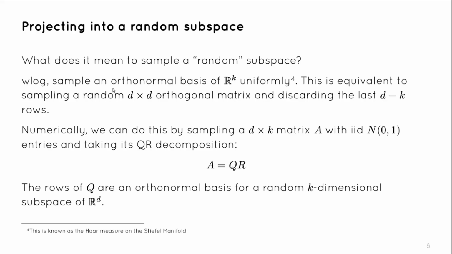Let's assume that we just take an orthonormal basis, uniformly. There's a nice thing about sets of k orthonormal vectors in R^d: they form a differential manifold, and it's a compact differential manifold, so it has a nice measure that allows you to sample uniformly from it.